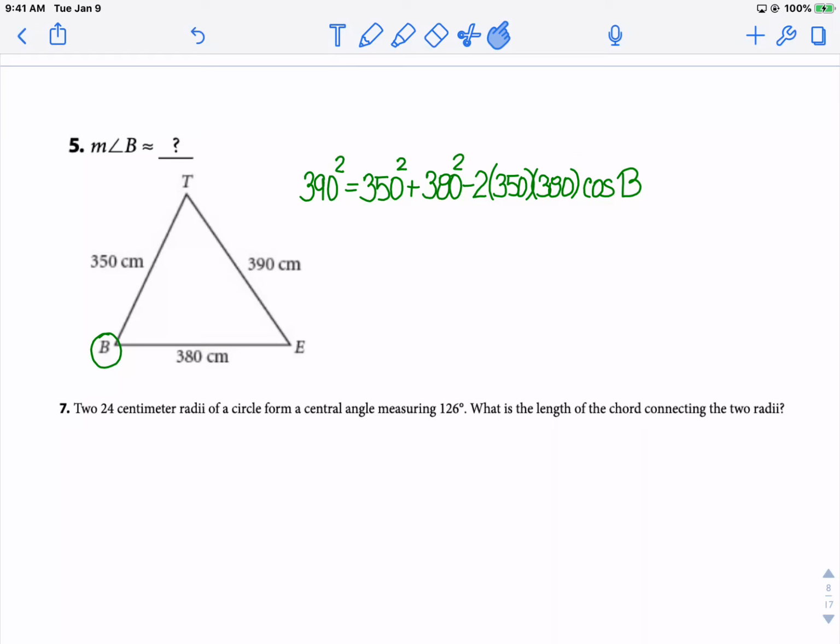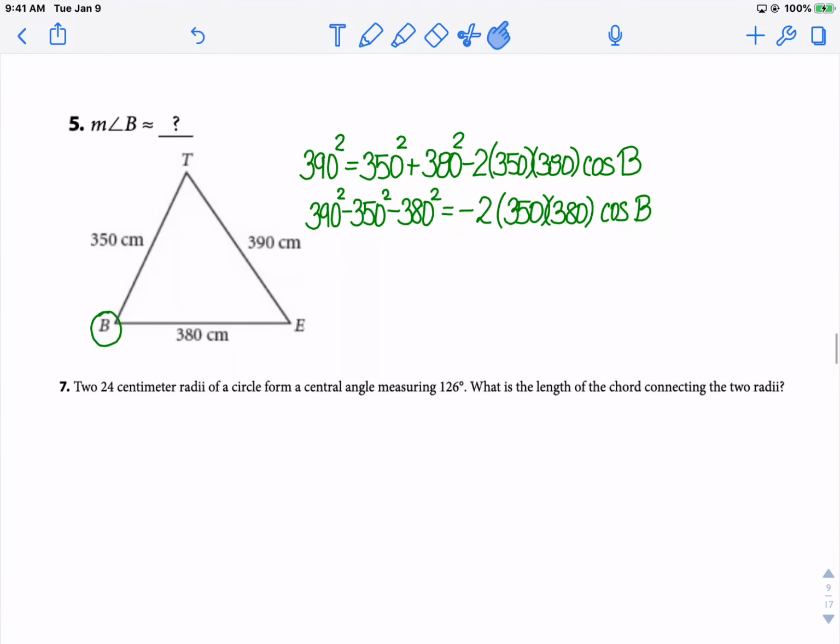Here's where you have to be careful and show multiple steps of how that algebra is going to isolate the cosine of b ratio that you're going to come up with. And that can look a few different ways. I prefer to subtract all my squared terms first. What you have to be very careful of is this final expression is attached to cosine b and can only come off by division.